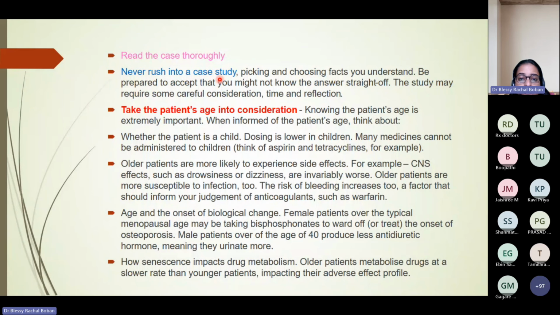Age is very important, and even gender is very important, because a question may be there regarding phenytoin: some woman, Mrs. XY, has epilepsy, and you have been administering phenytoin for the past few months, and the patient is currently experiencing hirsutism. Those who don't know what hirsutism is will be stuck with that question.